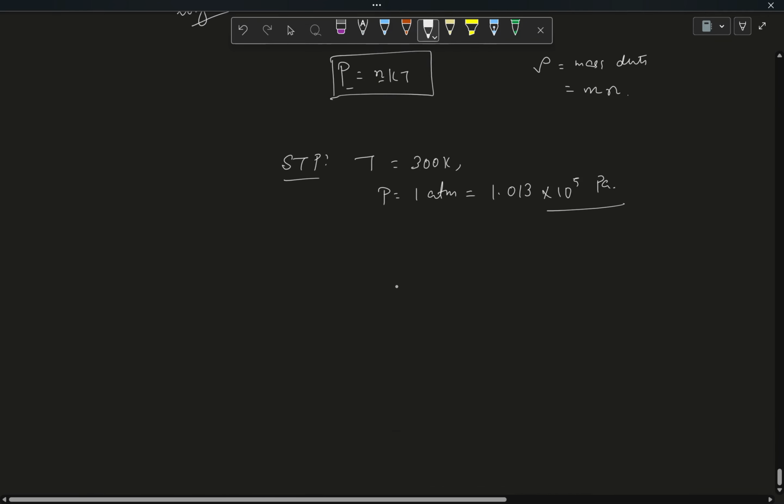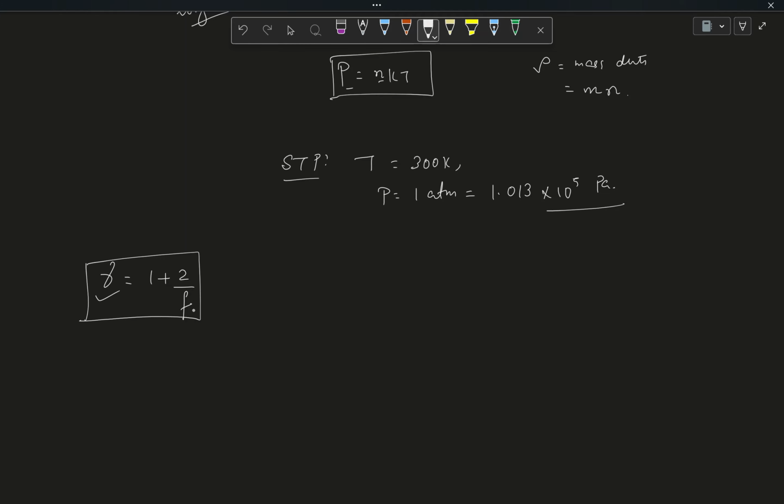And initially we had also used this expression of gamma equal to 1 plus 2 by f. This is the relation between the specific heat ratio gamma and f, the degrees of freedom. Also, an important thing: collision frequency is the number of collisions per unit time that you have to calculate. Then you take the velocity of the molecules divided by the mean free path.